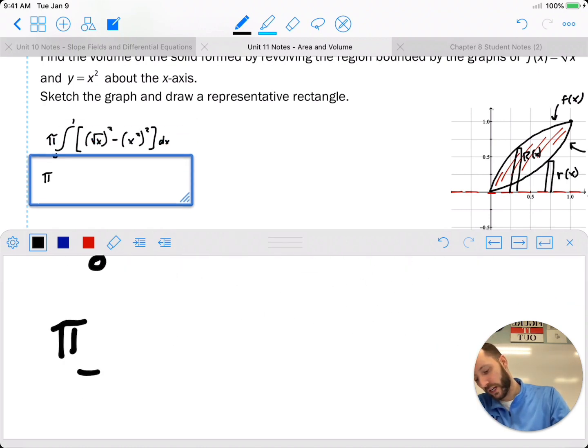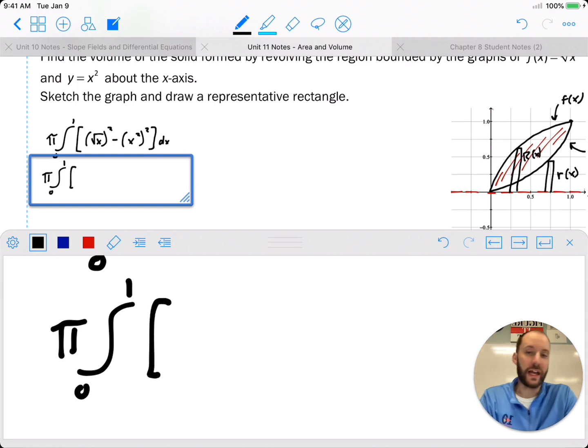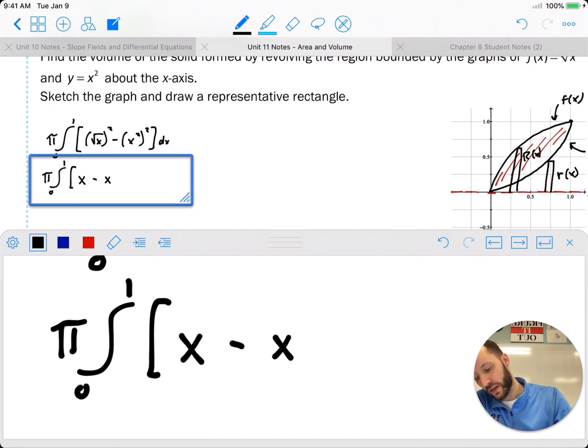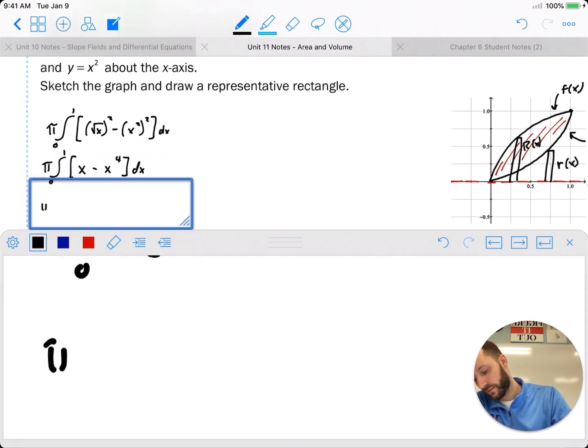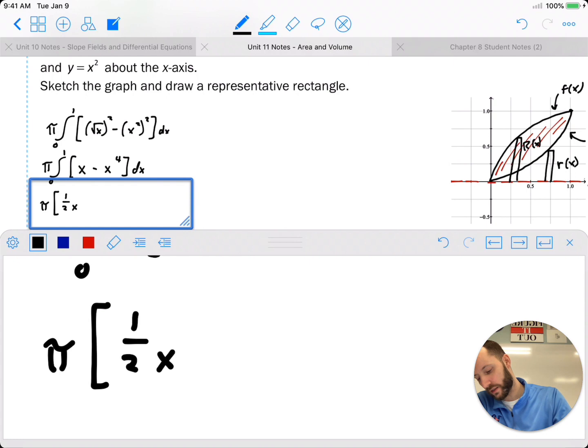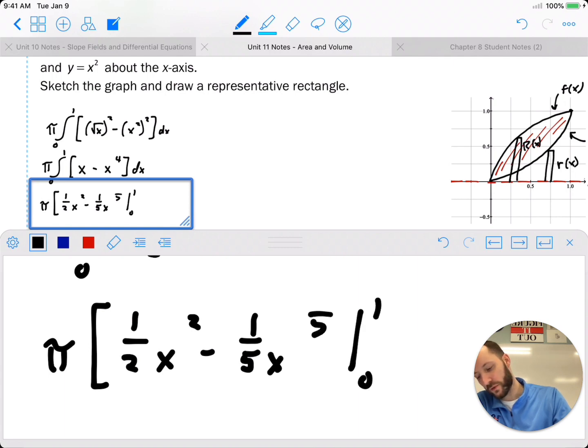Then we go about simplifying down like we usually do. So root x squared is x. x squared squared is x to the fourth, dx. So let's anti-differentiate. We get 1/2 x squared minus 1/5 x to the fifth. This is going from 0 to 1.